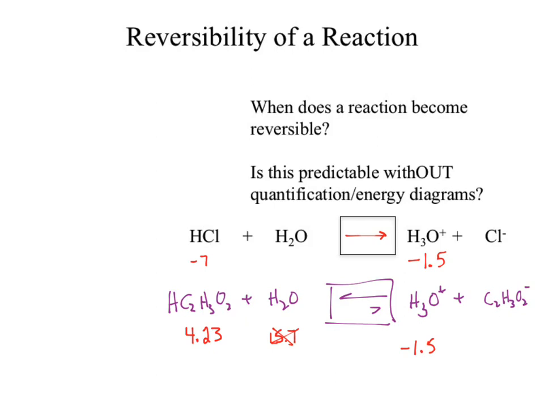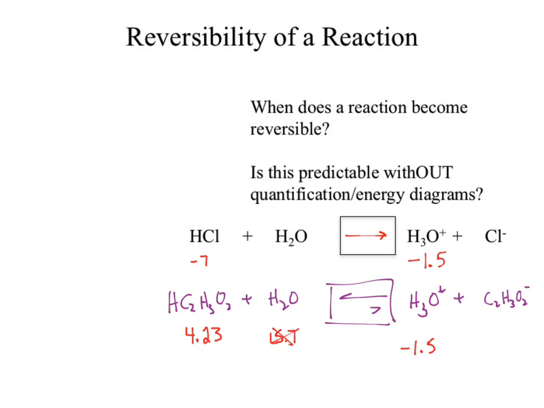Which is better for you, -$1,500 or -$7,000? Which one would you rather be in that hole? So you could base it off of which one's closer to 0. The -1.5 is a smaller negative than the -7, so it makes it less acidic.